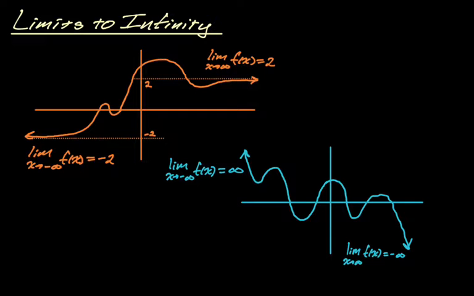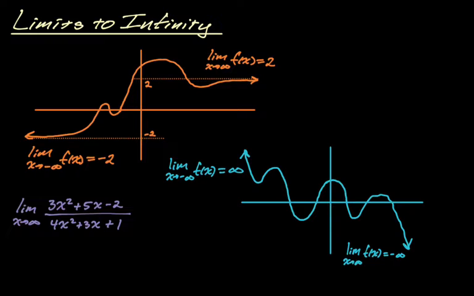Now, I'm going to show you 2 algebraic things just for rational functions, because it's just an overview. I don't want to get into the weeds of it. But if we have the limit as x approaches infinity of 3x squared plus 5x minus 2 over 4x squared plus 3x plus 1, what you do here is you take the highest power of x in the denominator and divide every single thing that you see by that power.